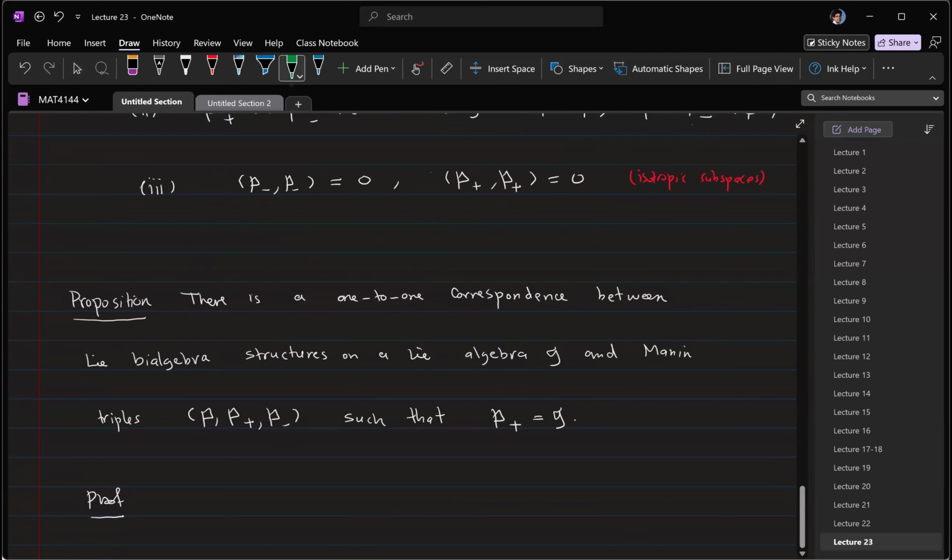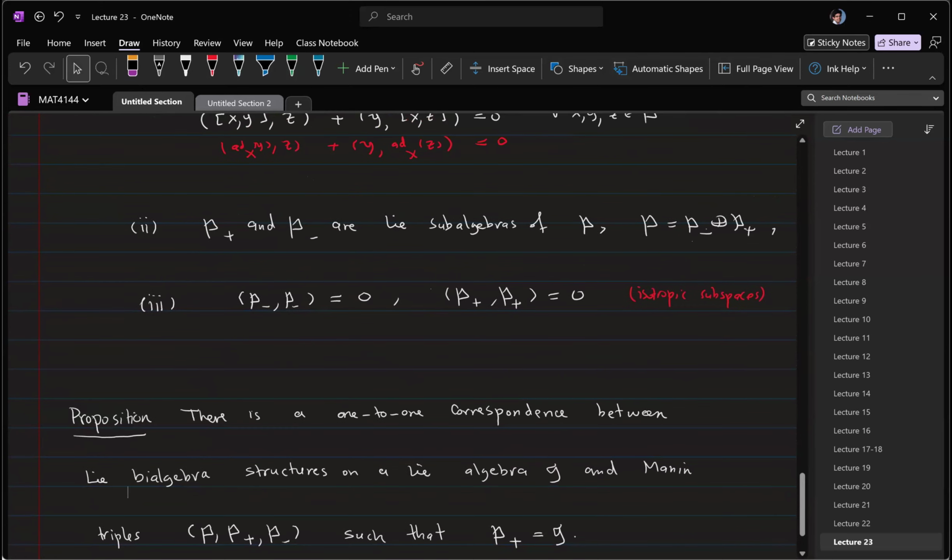But this isotropic condition implies that the bilinear form is non-degenerate as a map defined on P minus cross P plus. In other words, it results in an isomorphism of P plus with the dual of P minus, or rather the dual of P plus with P minus.